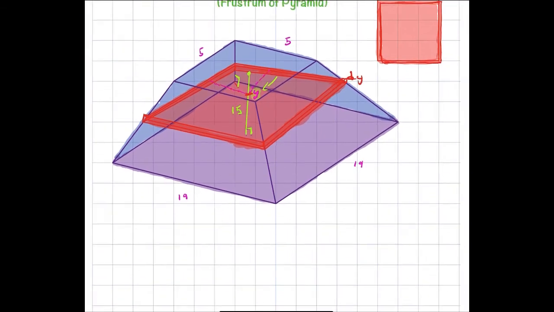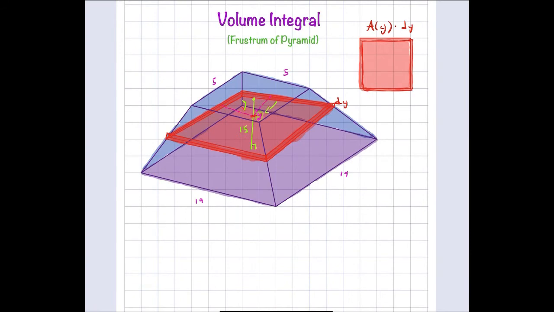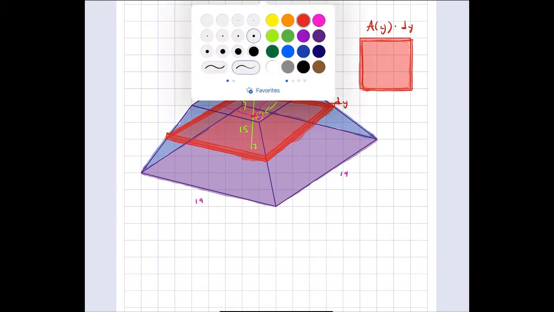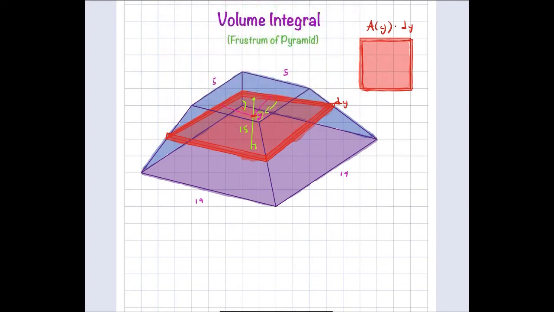So the insight that allows us to do this is that, again, assuming the apex is directly above the center, we have this not only continuous but uniform rate at which the size of the cross-section is changing. If you look at the edges of this pyramid, they're straight lines.